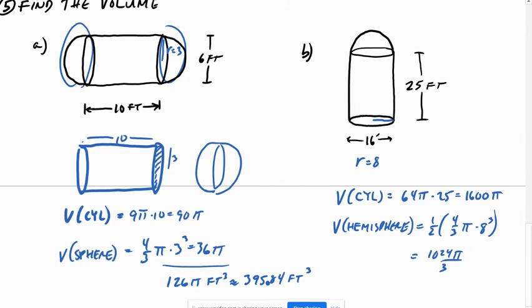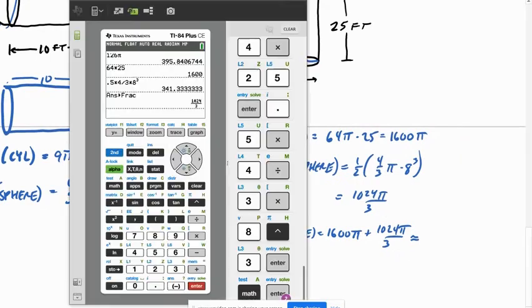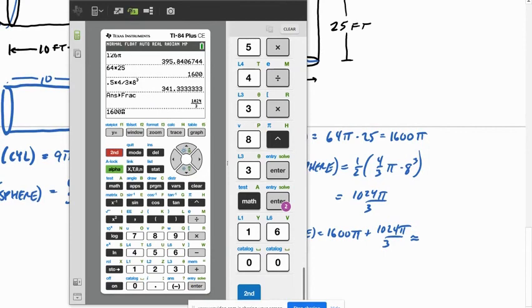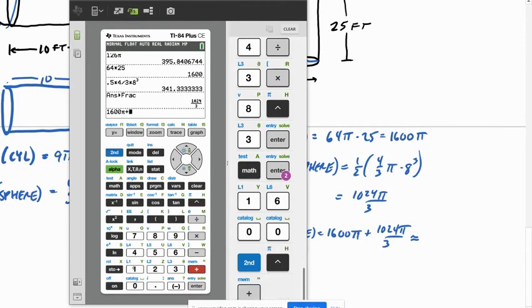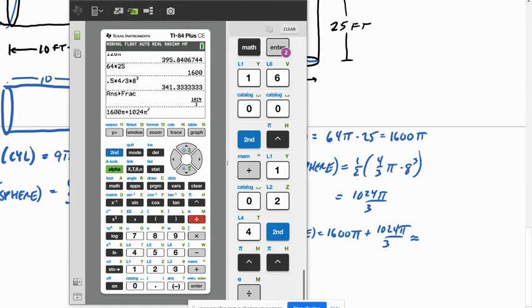Okay, and so the volume of the composite figure is 1600 pi plus 1024 pi over 3, and then we can approximate that: 1600 pi plus 1024 pi divided by 3.